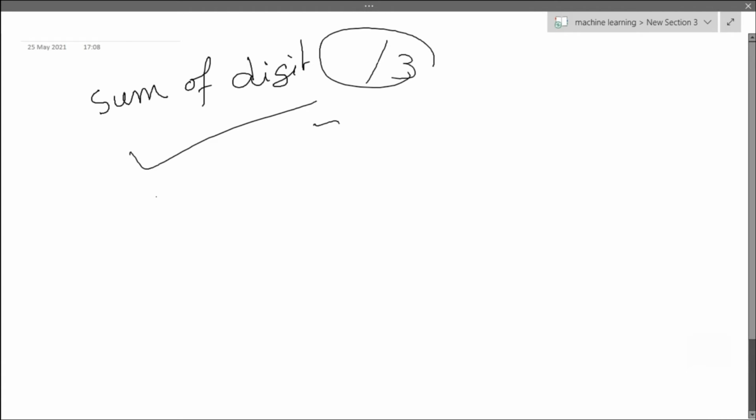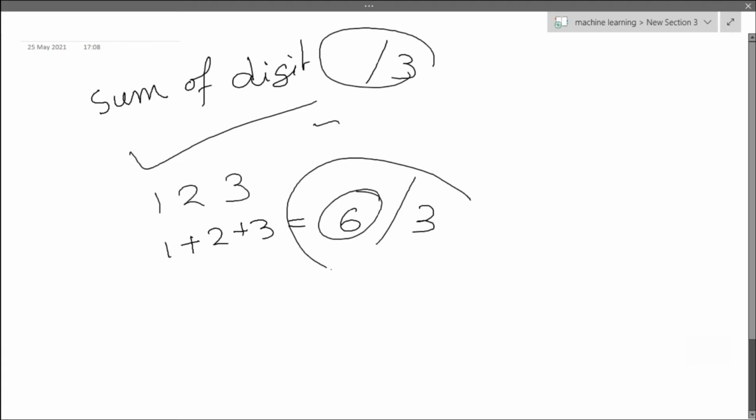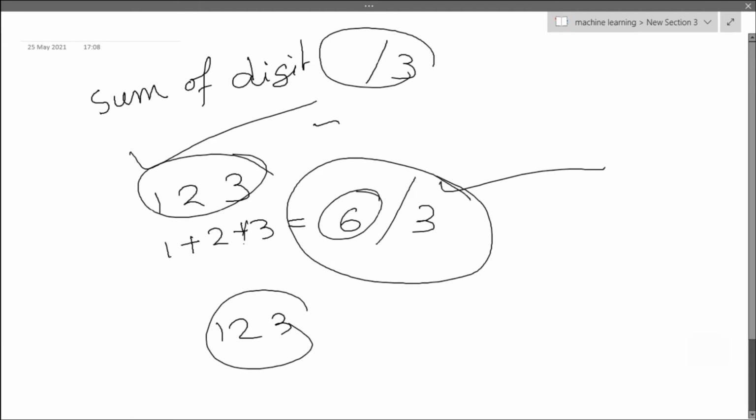Let us take an example: 123. The sum of all digits is 1 plus 2 plus 3, which is 6. 6 is divisible by 3, so the number 123 is also divisible by 3.